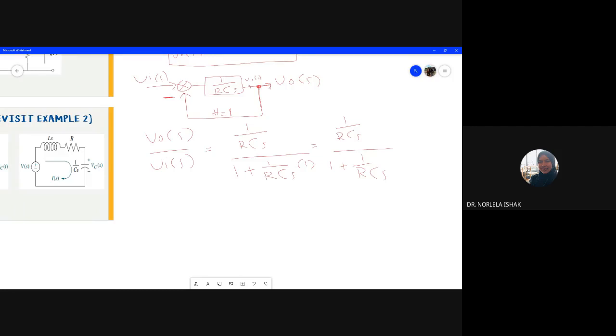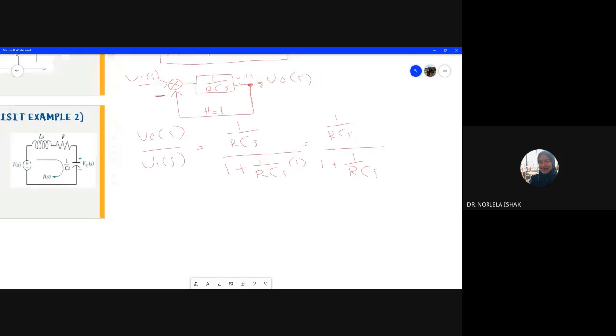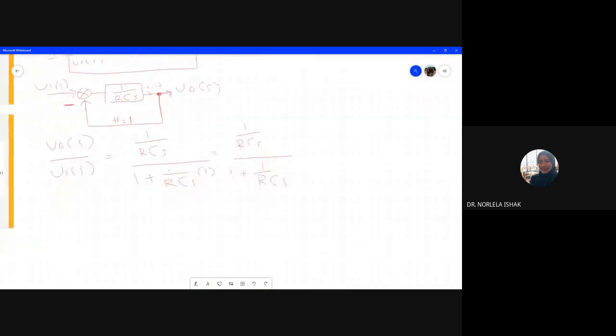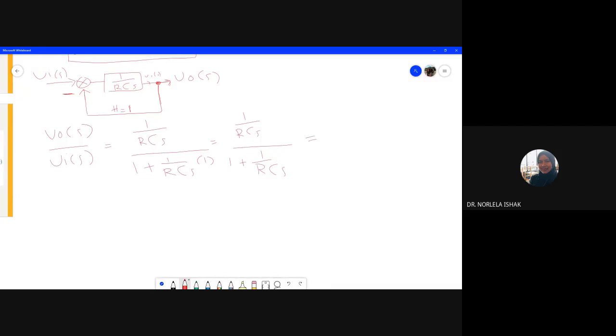Okay. So when we simplify this one, we can get 1 over RCS plus 1. Is it correct? Or maybe we can write like this.